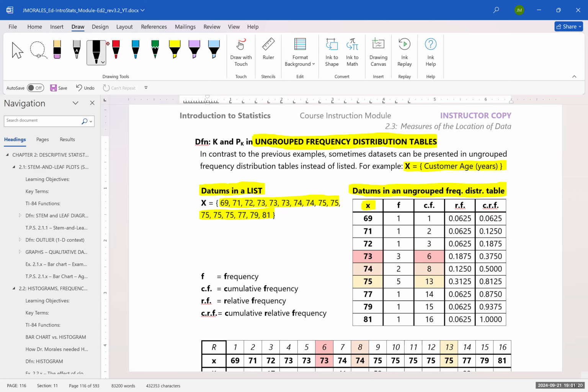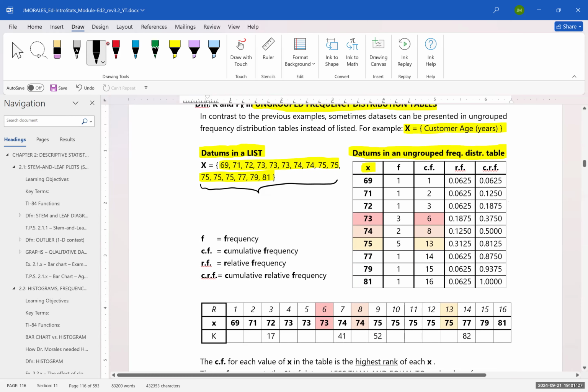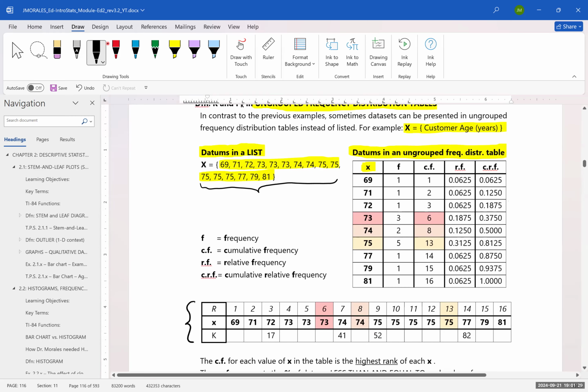All right, all the examples that we've had so far have had the data pretty much in a list. This table here that I've presented during previous examples has 3 rows. The top row is the rank, the middle row represents each datum that was in the data set, and the third row down here is the percentile rank for any chosen datum that we've calculated in the previous examples and think pair shares.